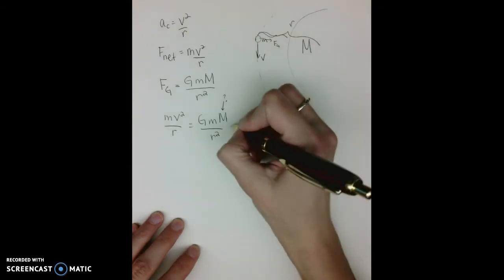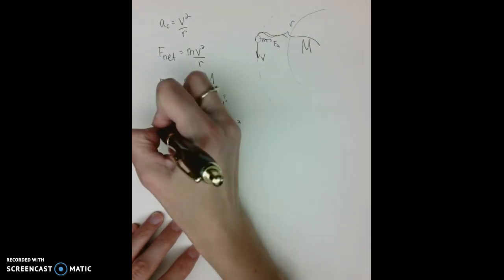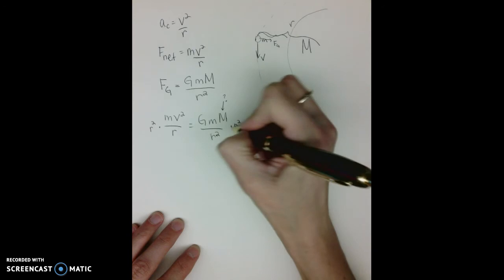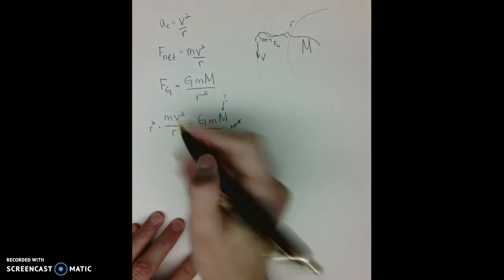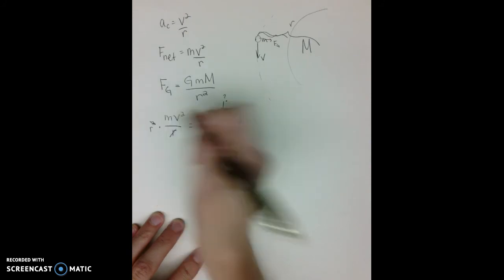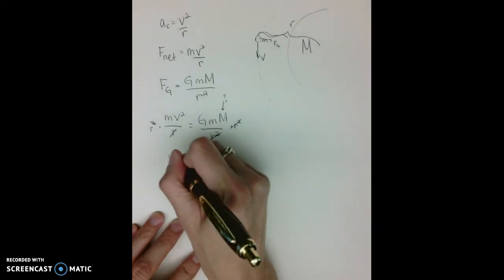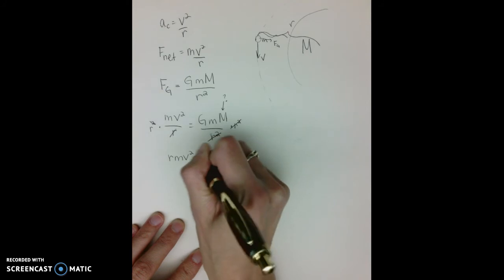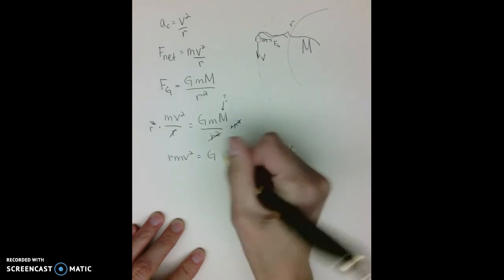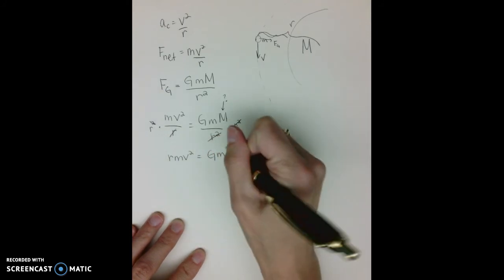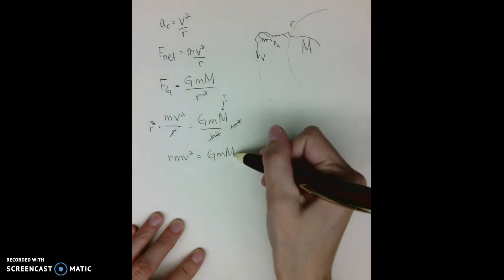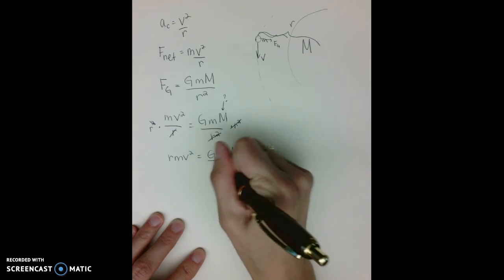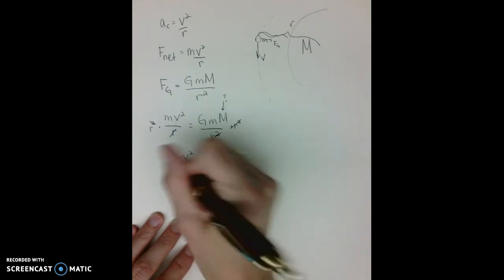So I'm going to multiply by r squared on both sides to get r squared out of the denominator. And then over here I have r squared divided by r, so one of these r's drops out. So I'm left with r little m v squared equals big G, which is a constant, times the mass of the satellite times the mass of the planet. And again, I want to keep the mass of the planet alone, so I'm going to divide by big G and the little mass of the satellite on both sides.